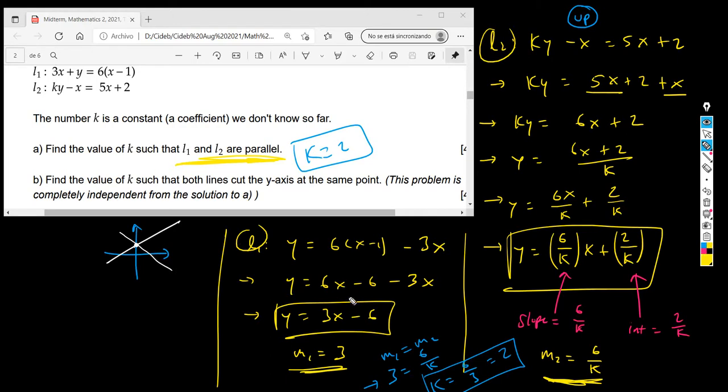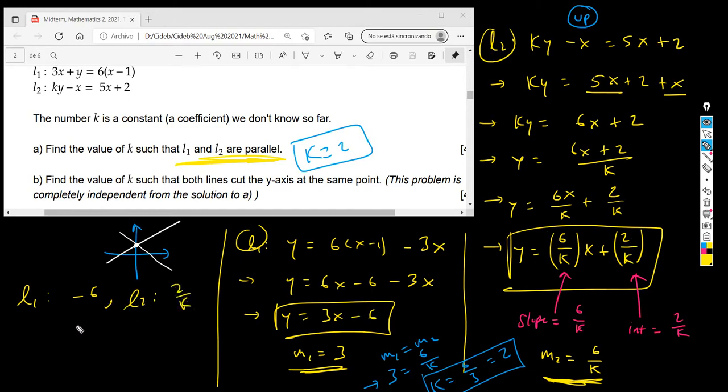And how do I do that? I look at the y-intercepts. For L1, the y-intercept is minus 6. I'm abusing the notation here, okay, because L1 is not this, but you heard me, so there should not be a problem. And the intercept for line 2 is this.